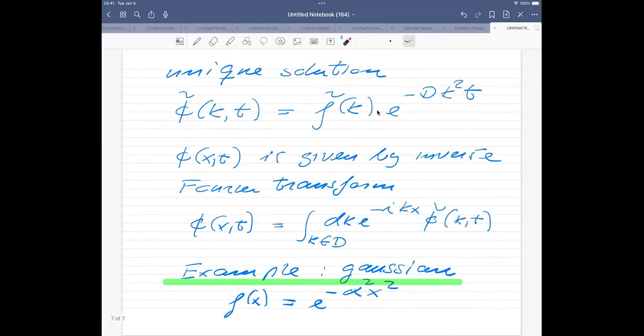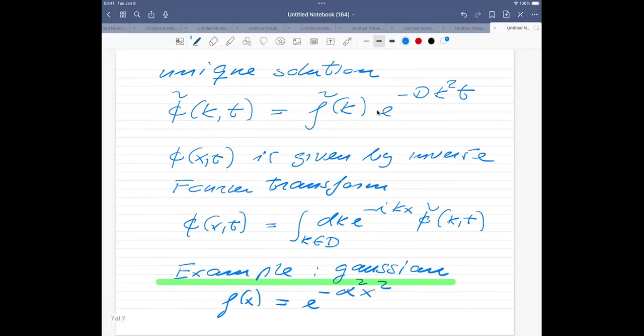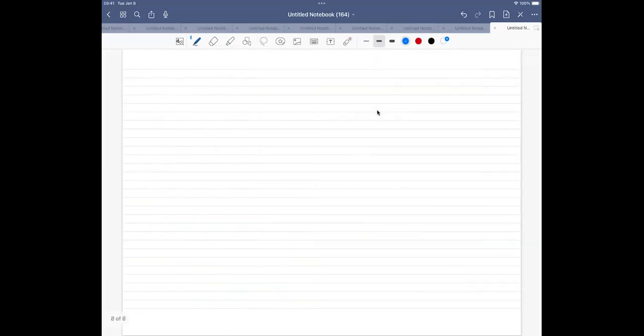is a Gaussian at time t equals 0. If we think of that as a Gaussian distribution, we can calculate these things. So let's look at what we get. A Fourier transform of a given object is normally written with an uppercase F, meaning we perform the Fourier transform we discussed before the break.